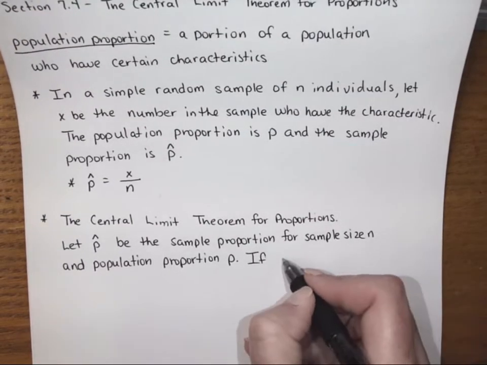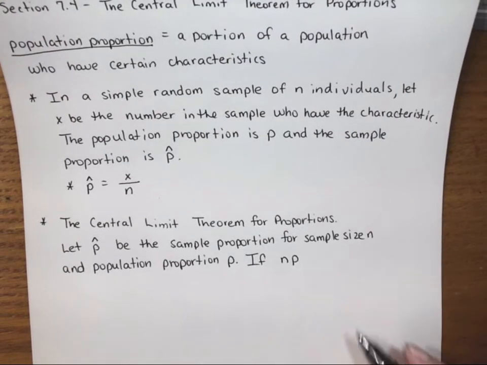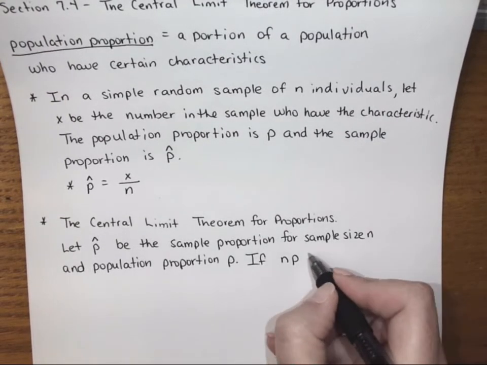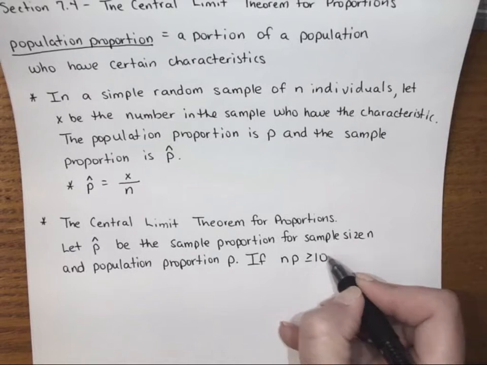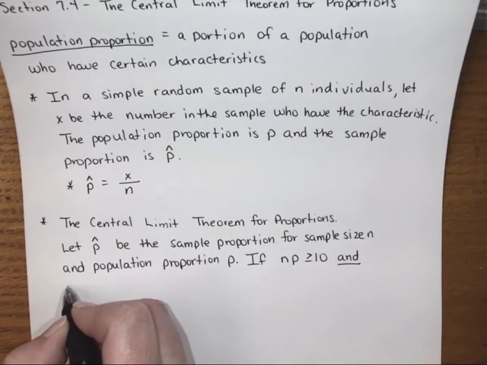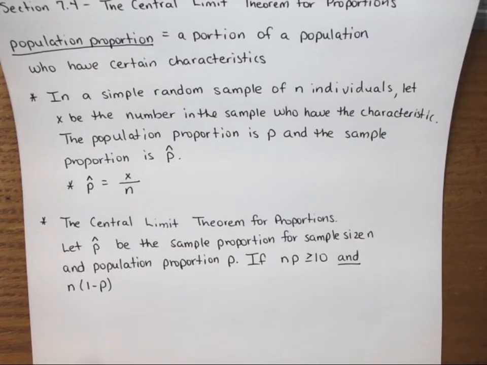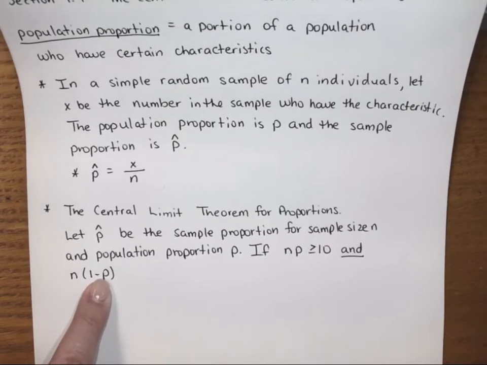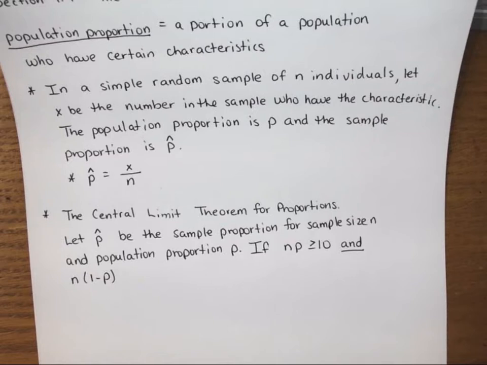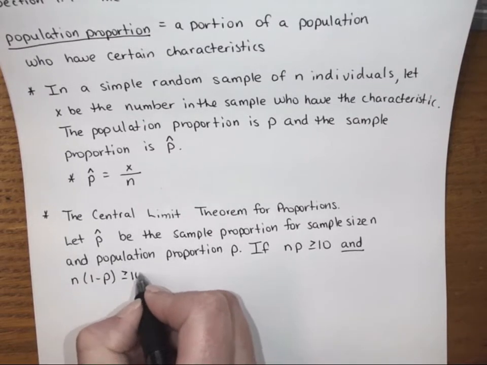So if the following's true, if the number of values times that population proportion is greater than or equal to 10, and also if n times the proportion that did not have the characteristic, notice that's how we could find it, right? P would be the proportion that had the characteristic, and then 1 minus P would be the proportion of things that didn't have the characteristic. But this also has to be greater than or equal to 10.